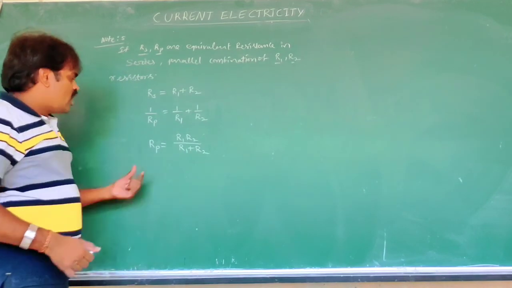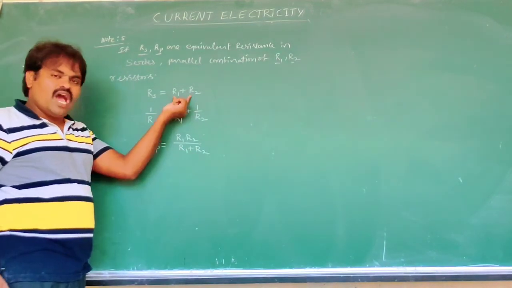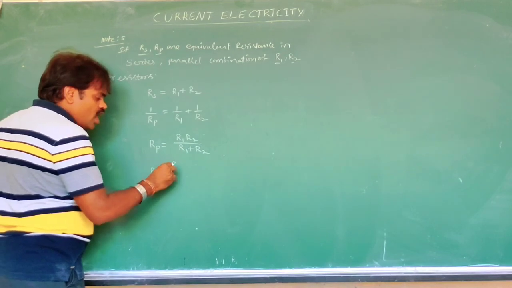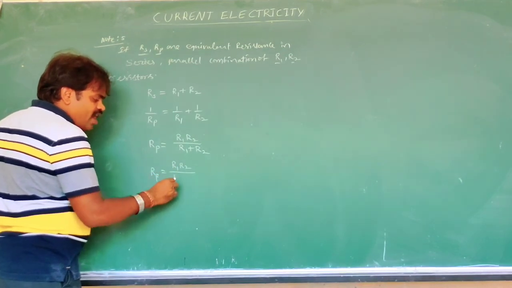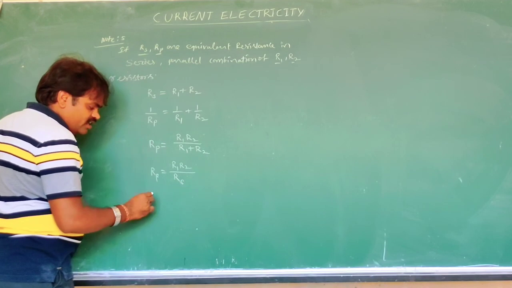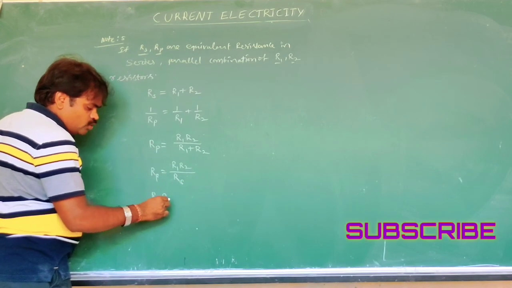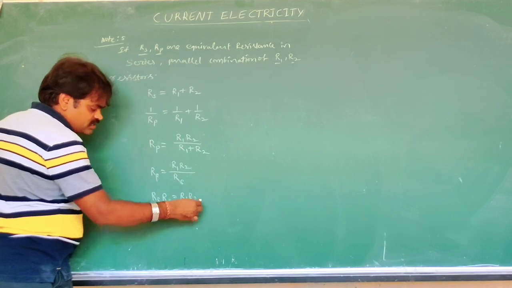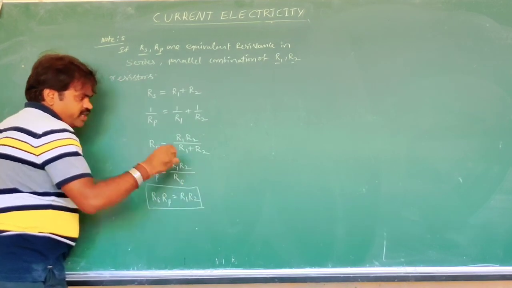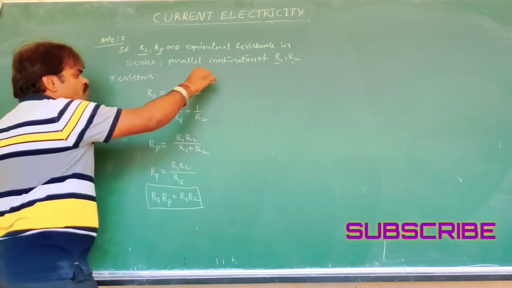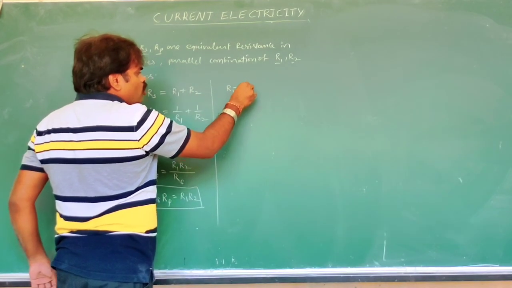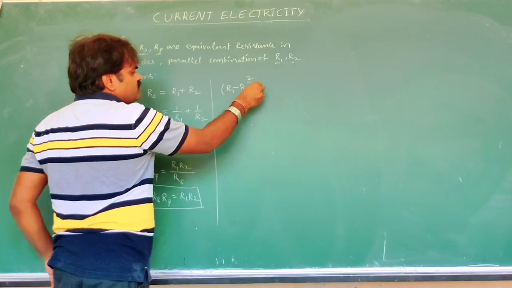But we know R1 plus R2 is RS. That is, RP is equal to R1 R2 by RS. Then RS RP is equal to the product of the resistors. This we got.